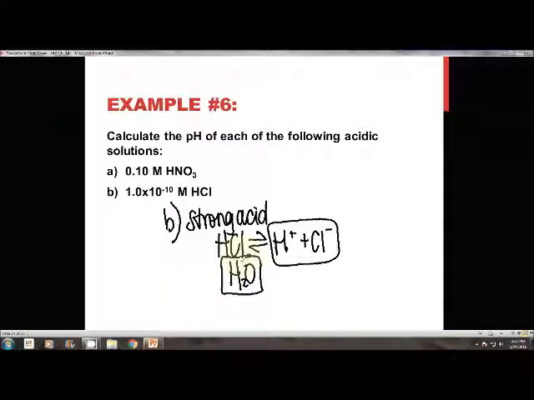But looking at the number here, it's times 10 to the negative 10. A negative 10 means it's a really tiny decimal. Because it's so tiny, the concentration that we're given actually won't have an effect on the pH. So the pH will stay the same as pure water. And the pH of pure water is 7.00.